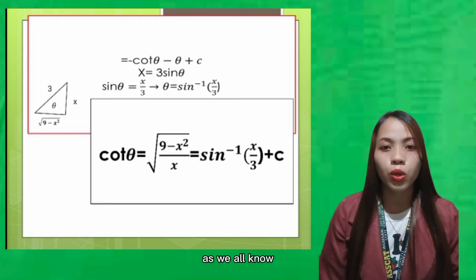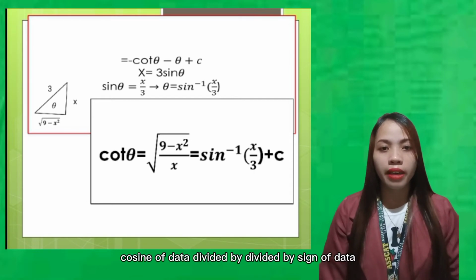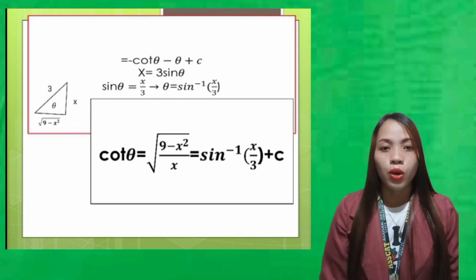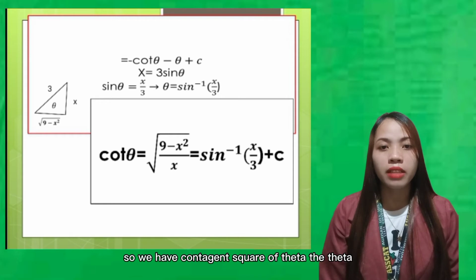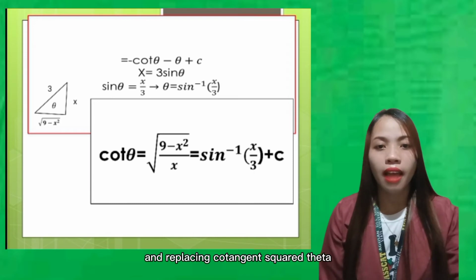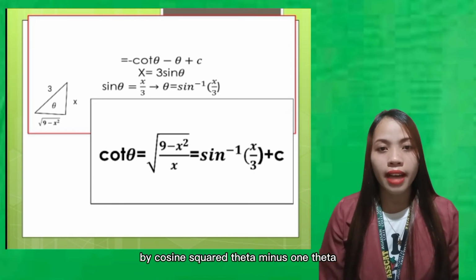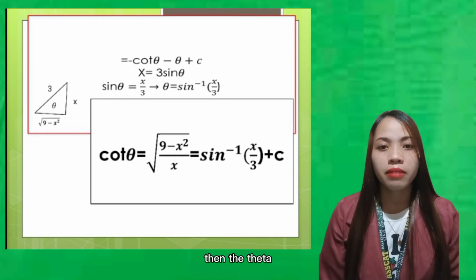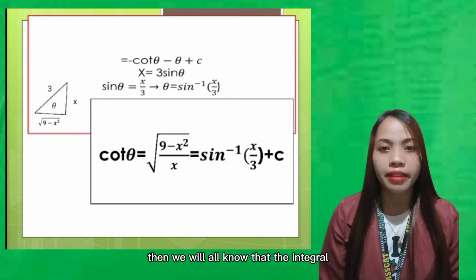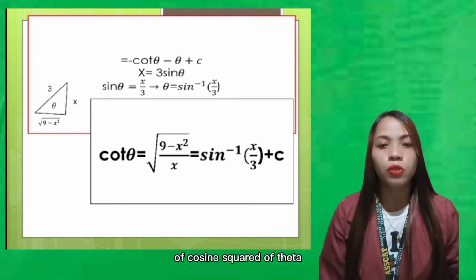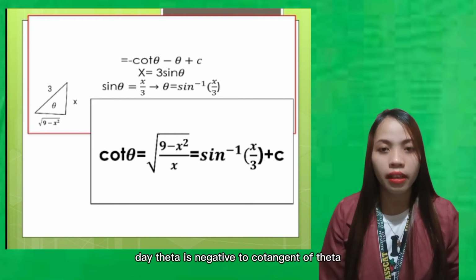As we all know, cosine of theta divided by sine of theta is cotangent of theta. So we have cotangent squared of theta d theta, and replacing cotangent squared of theta by cosecant squared of theta minus 1.